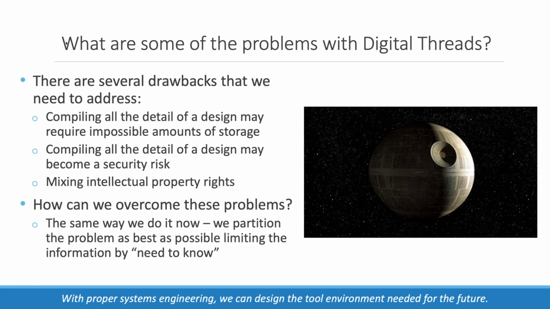That's very, very difficult. Another thing that happens is a security risk, right? You combine all this information together. Now, all of a sudden, all the flaws in the design are also available to people who maybe don't have your best interests at heart. I'm reminded often of the Death Star in Star Wars.